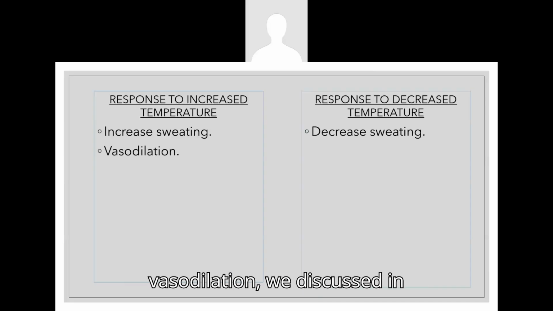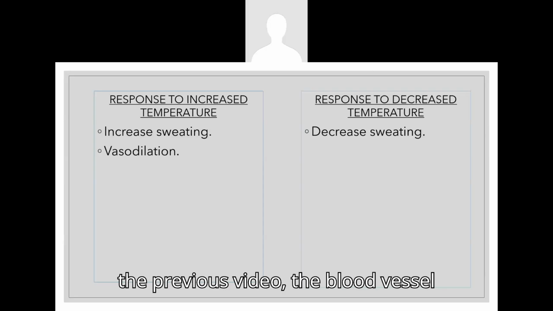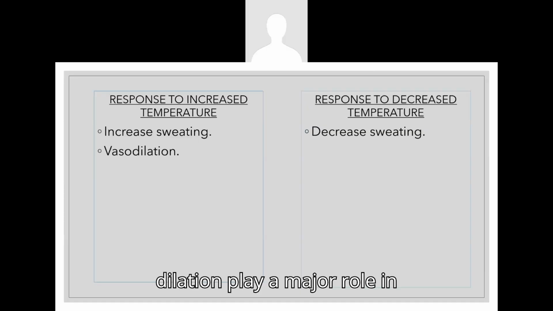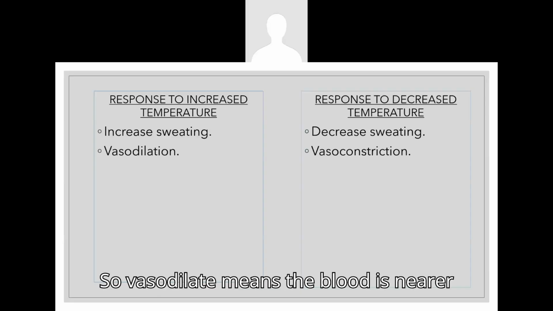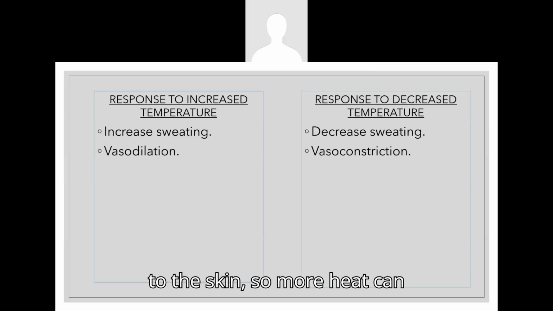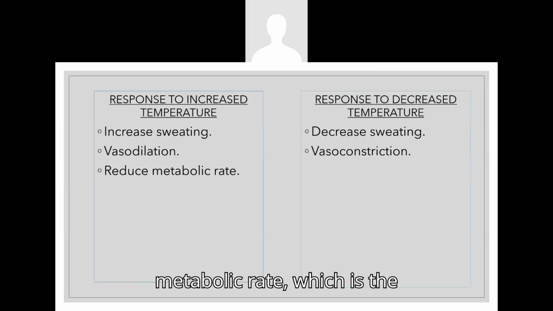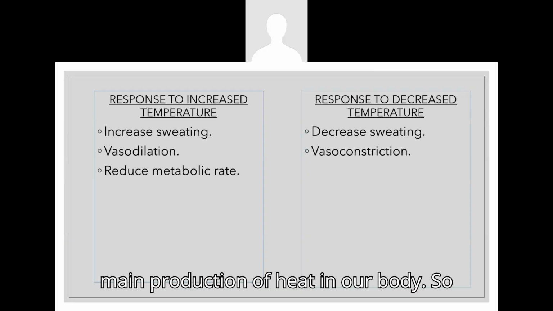We discussed in the previous video that blood vessel constriction and blood vessel dilation play a major role in removing the heat generated inside our body. Vasodilation means the blood is nearer to the skin, so more heat can be removed from the body. Vasoconstriction is the opposite.